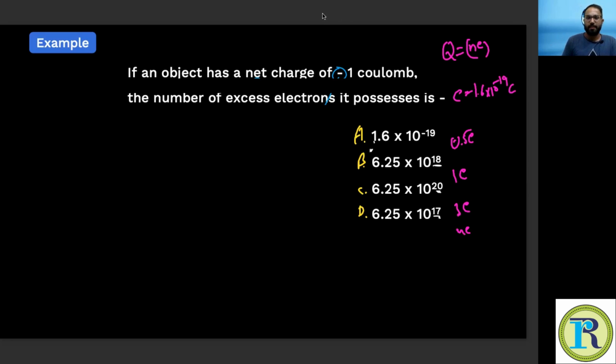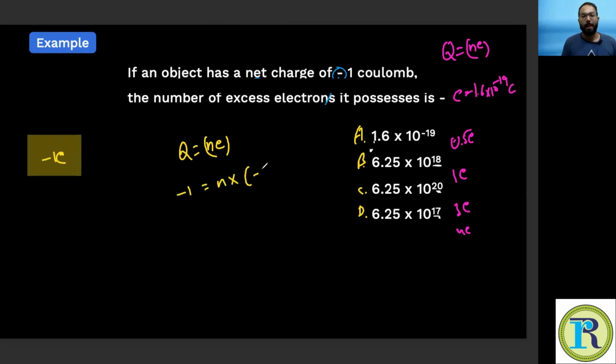Let me solve the first question. We can say the total charge will be n times E. Clear? Now we can see the object is carrying -1 E. So the total charge is -1 coulomb, and it will be n times the charge of 1 electron, that is -1.6 into 10⁻¹⁹.